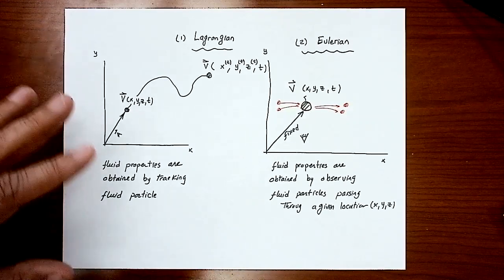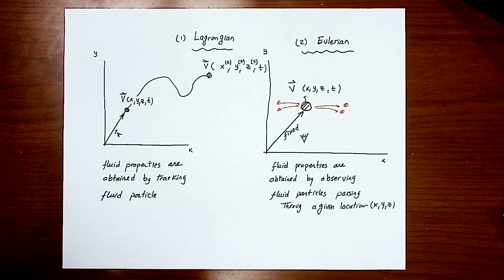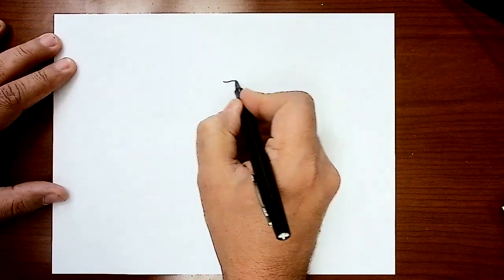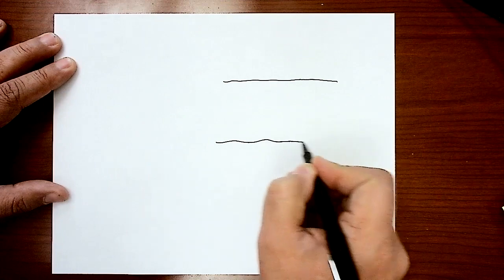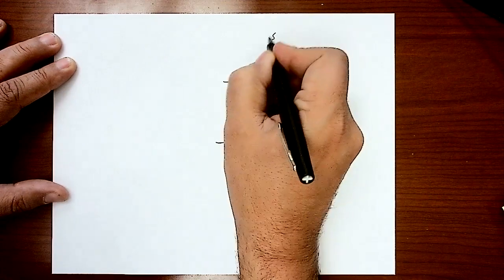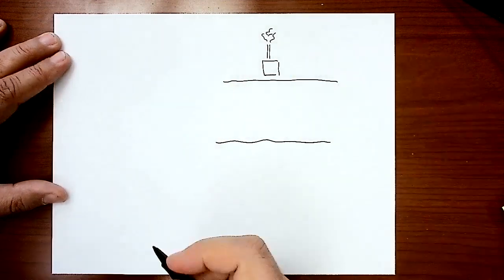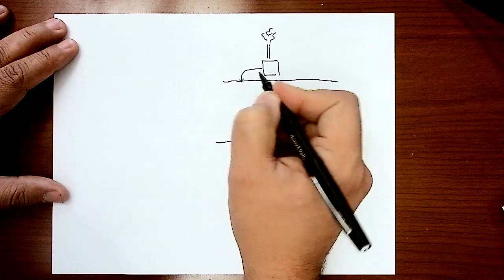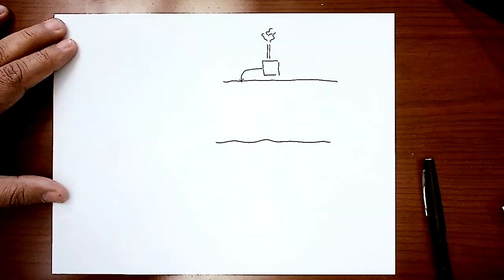Let me give a second example to make the idea closer to your mind. Let's assume that we have a river bank and there is a factory built on that side of the river, and this factory is dumping some of the chemicals produced into the river.